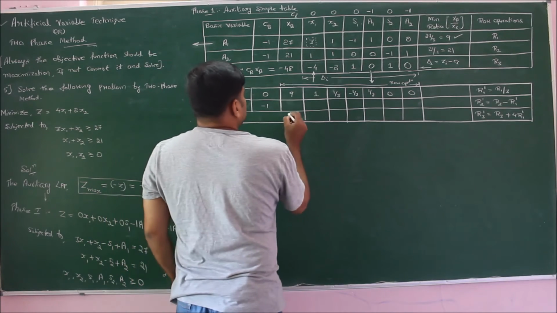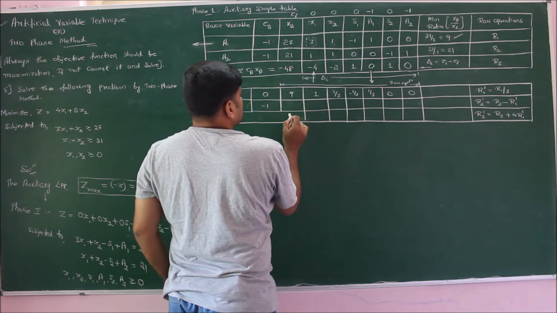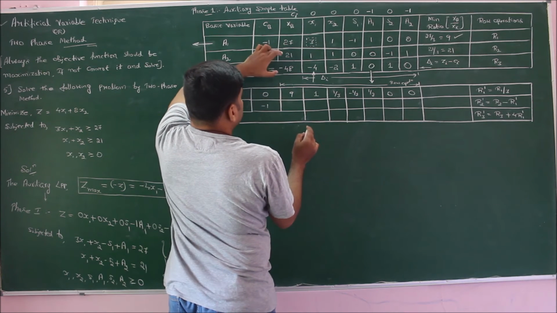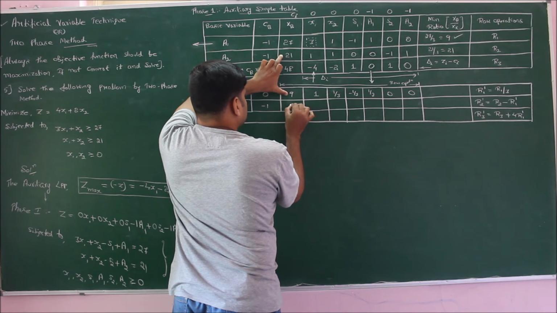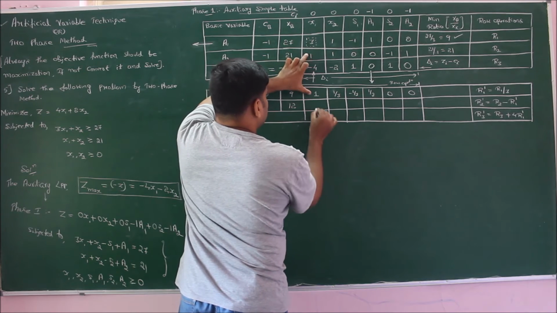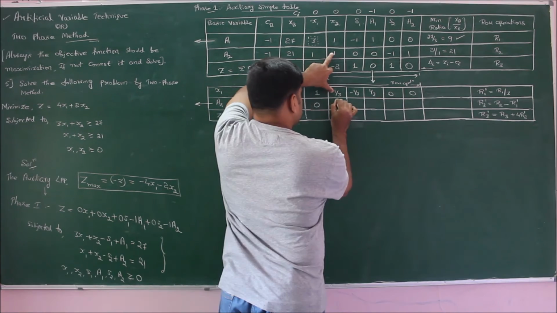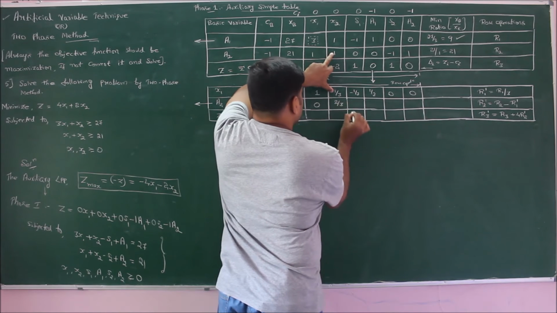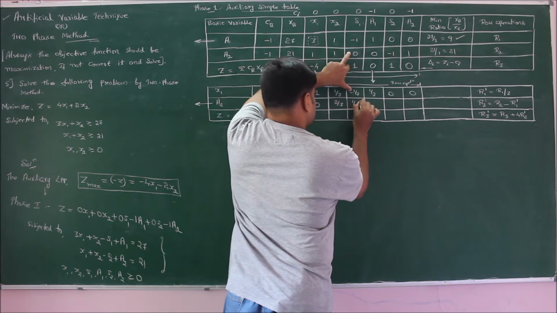So if I do that, I will get 21 minus key value 9, 21 minus 9 is equal to 12. 1 minus 1 is 0. 1 minus 1 by 3 is 2 by 3. Here I have 0. Here I have minus 1 by 3, it will become plus 1 by 3.